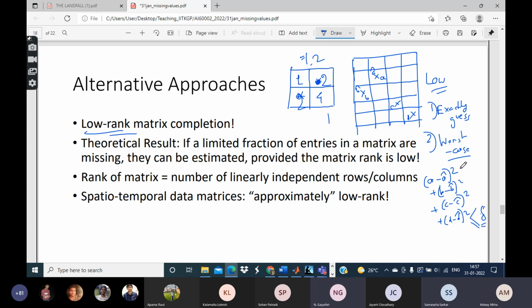So there are algorithms which try to solve these things exactly. Whether they will be able to solve them exactly or not is a different question, but at least they can give some kind of guarantee that even if they do not give you the exact values, the values will not be too bad either.